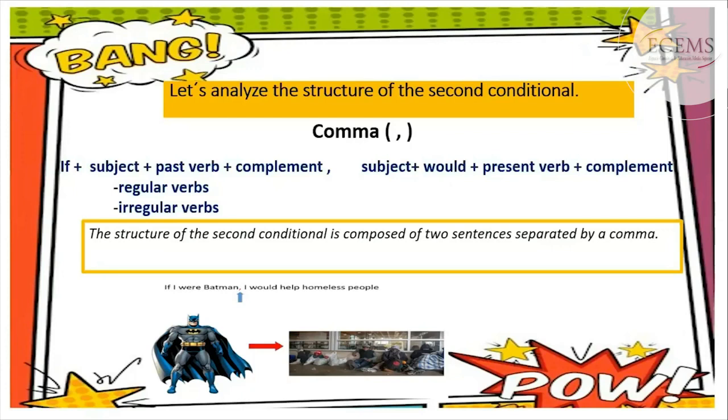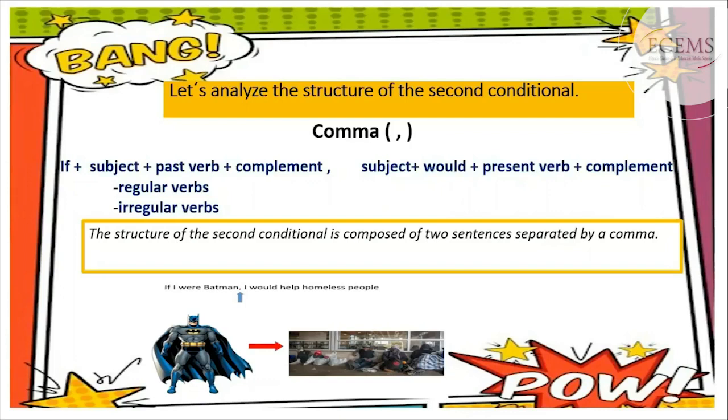Now, let's analyze the structure of the second conditional sentences. It's important to mention that the second conditional is composed of two sentences or clauses, separated by a comma if the sentence starts with if. Es importante recalcar que el segundo condicional está formado por dos oraciones o cláusulas, separadas por una coma si esta comienza con if.